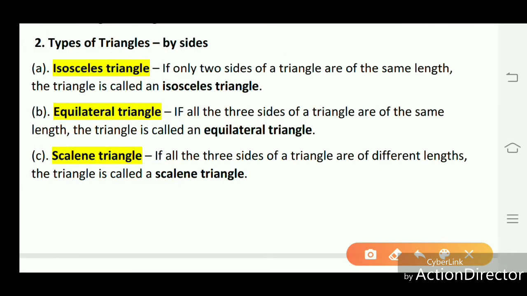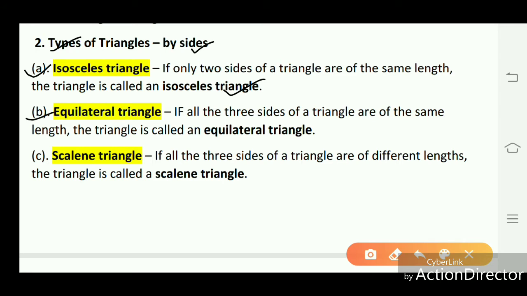Now the second type, triangles by sides. Type A, isosceles triangle: if only two sides of a triangle are of the same length, the triangle is called an isosceles triangle.